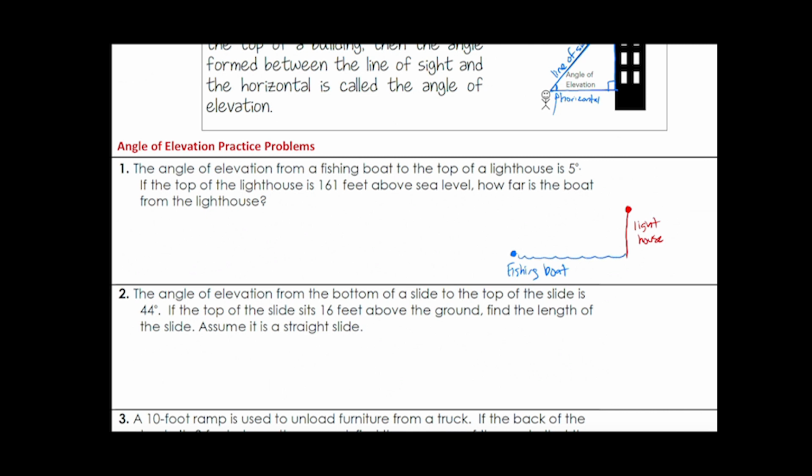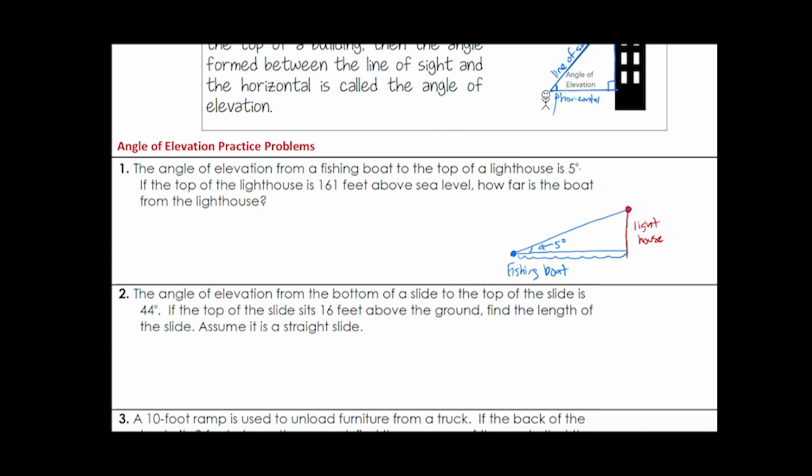We're going to go straight to the lighthouse. That's our horizontal. And then I'm going to go from the boat to the top of the lighthouse. That's my line of sight. So the angle I just created right here is my angle of elevation. Did they tell us what that is? It says the angle of elevation from a fishing boat to the top of a lighthouse is 5 degrees. So right here is 5 degrees.